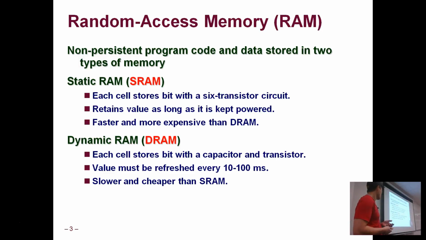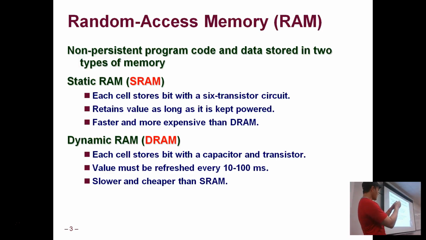Okay. Dynamic RAM is cheaper, and typically much higher in capacity. The way it's implemented is that each bit in memory is a single capacitor, basically a battery, and a transistor to either charge it or discharge it. So the value in dynamic RAM, unlike static RAM, has to be refreshed every 10 to 100 milliseconds.